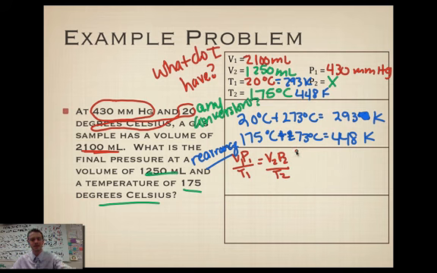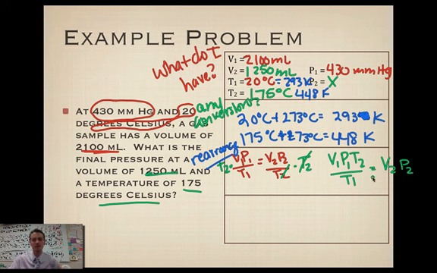To do that, first I'm going to multiply by T2, so that gets rid of my T2 on that side. In the spirit of not having everything super cluttered, I'm going to say V1 P1 times T2 over T1 equals V2 times P2. I still need to solve for my P2.